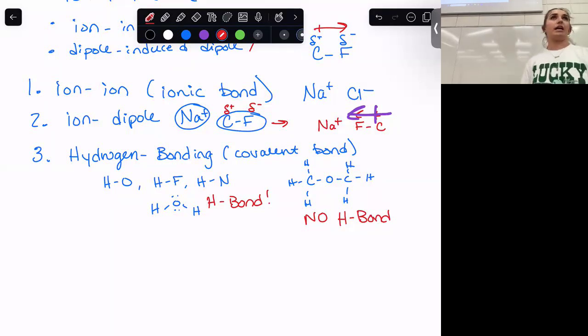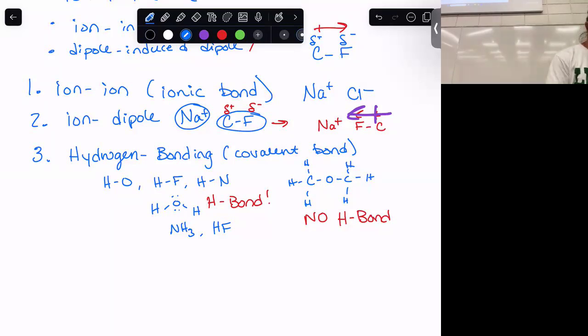This is a special case of dipole-dipole interactions, but they are stronger than your dipole-dipole interactions. Okay, so like ammonia and HF, right? Those are both examples of hydrogen bonds as well. Any questions on hydrogen bonding?